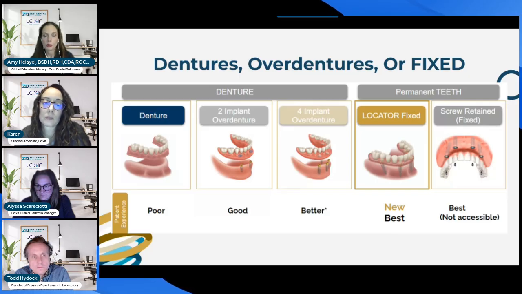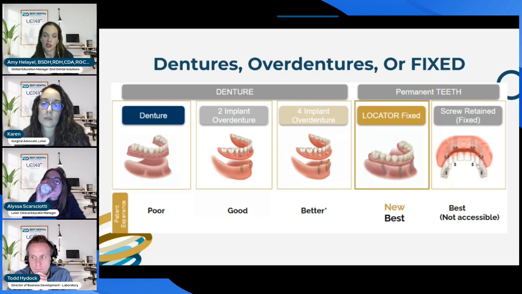So the point of tonight's webinar is to highlight overdentures, highlight the importance of locator overdentures, as well as working with an amazing lab like Lexier to make sure that your cases are going smooth. So when you've got a great product, such as a locator, a great laboratory, such as Lexier, and yourself as a clinician, all three together can make a successful prosthesis for your patient. Again, going back to that standard of care I talked about in the beginning of the webinar.